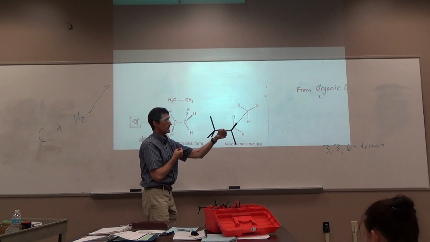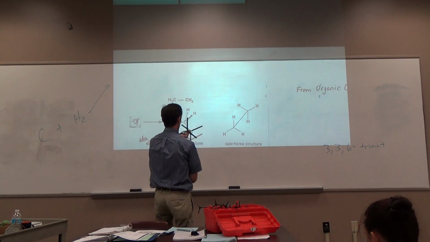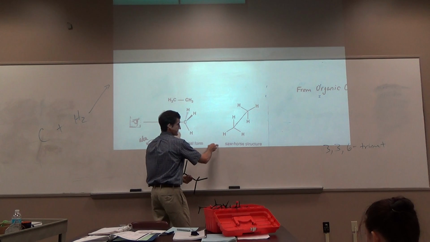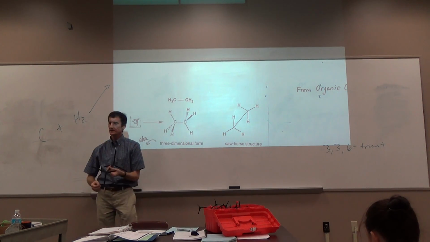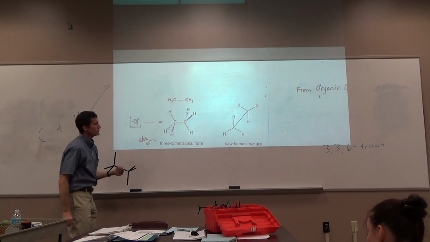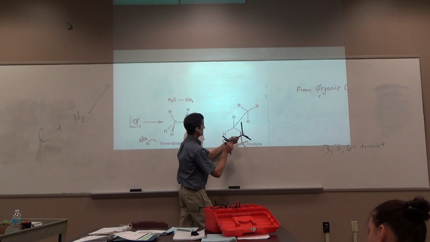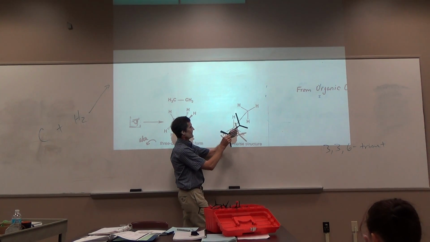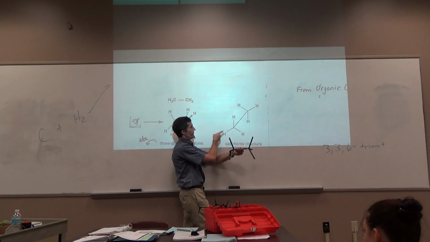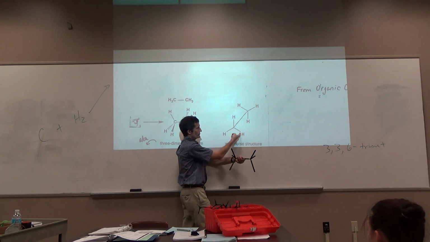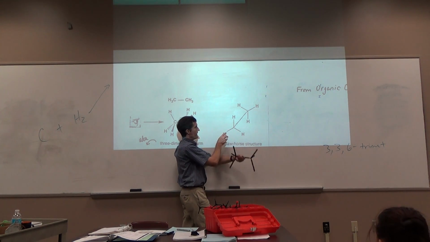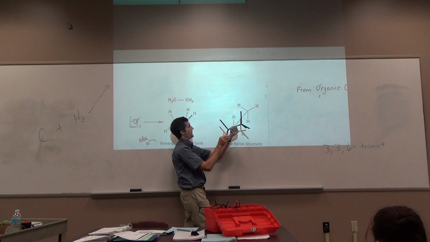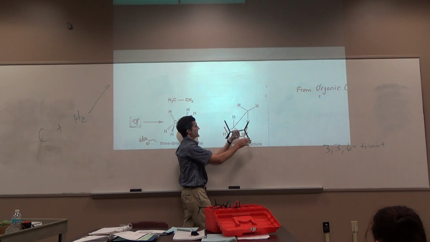Now, we'll have to maybe draw it like this. Sawhorse structure, you don't see these too much anymore. I don't know why. Sort of like that. This you have to sort of know that this is not all planar. Back one going straight down.